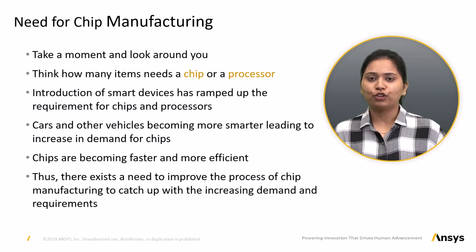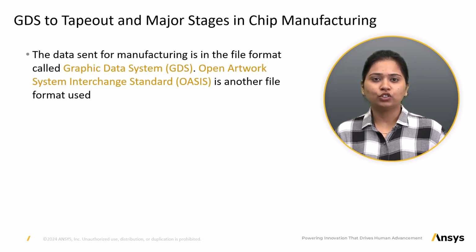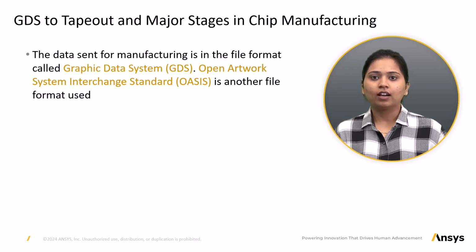Before we delve into chip manufacturing, let's discuss some important topics. The data for manufacturing is sent in the Graphic Data System (GDS) file format. This file contains information about the shapes of metals, vias of different layers, and text labels of each layer in the design.